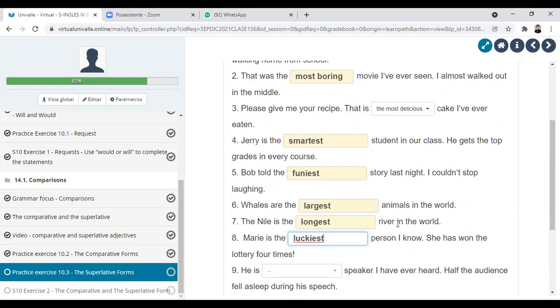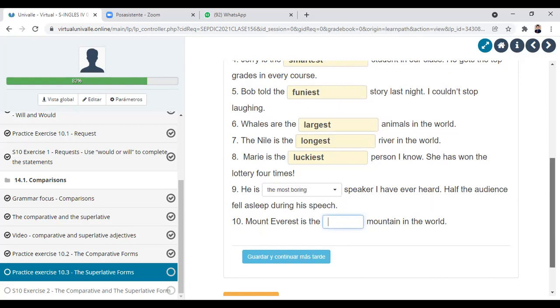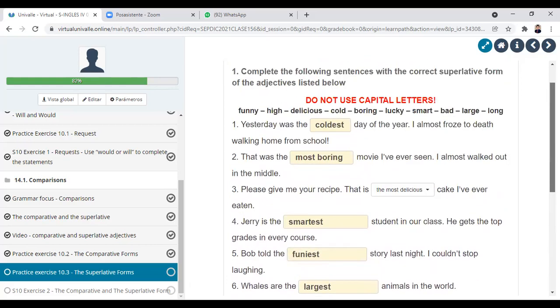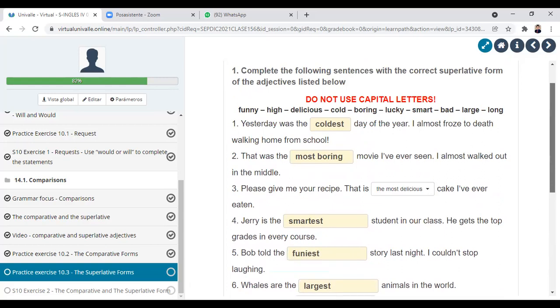She has won the lottery four times. He is the most boring speaker I ever heard. The audience fell asleep during his speech. Mount Everest is the highest.